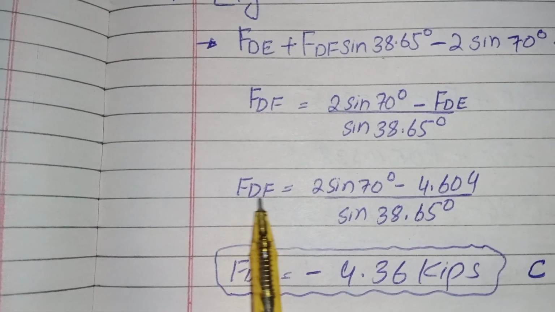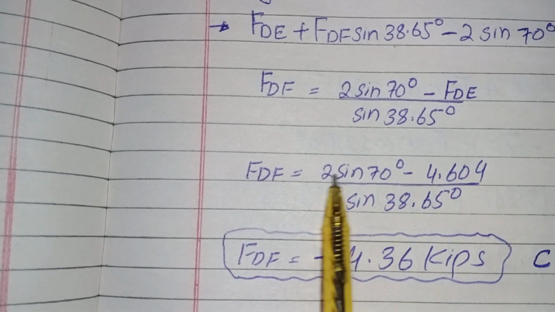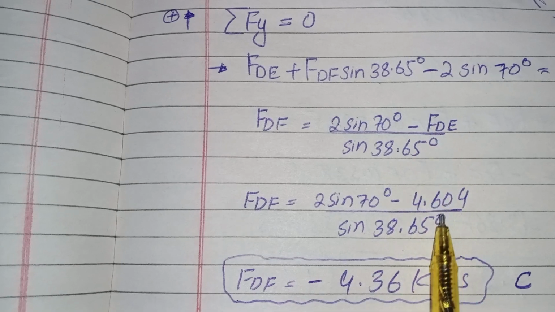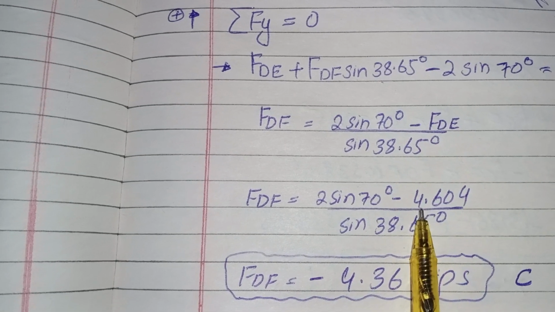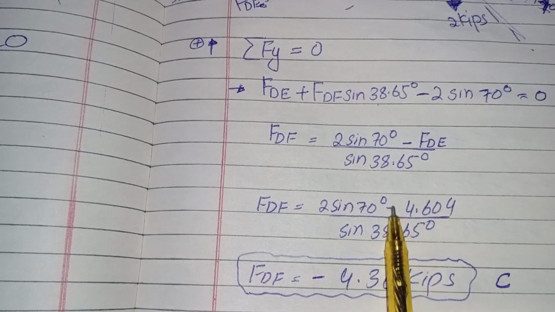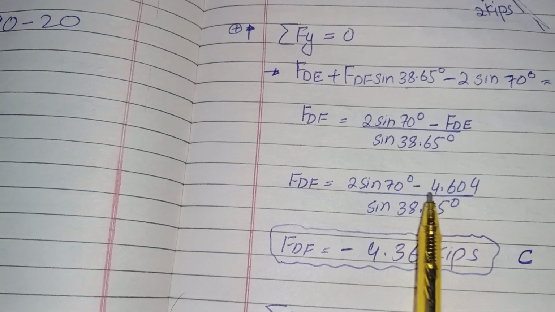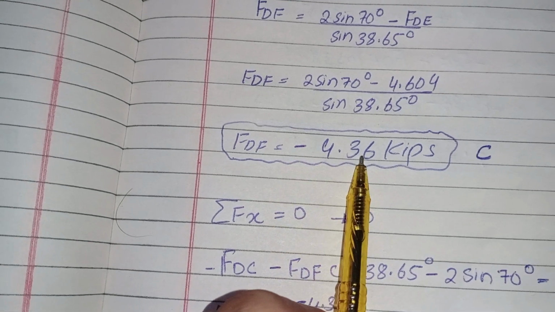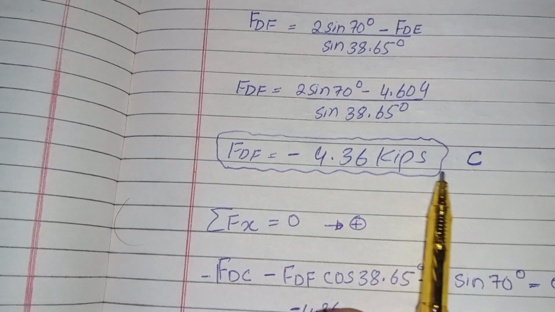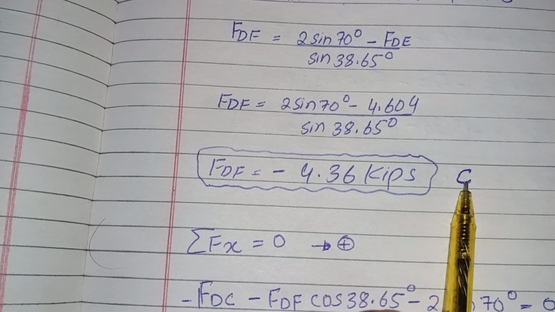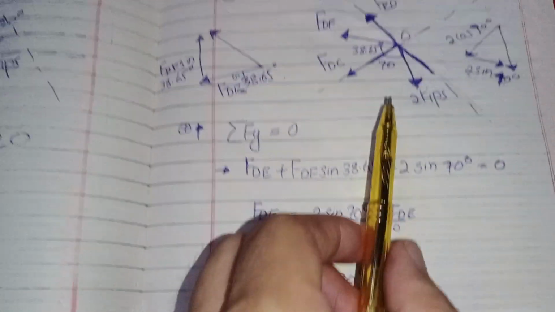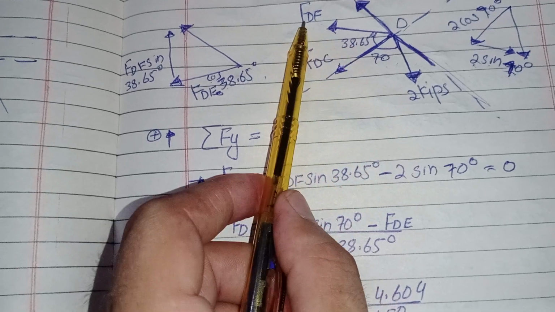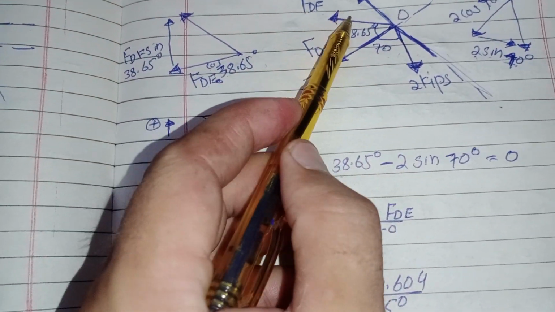So at the place of FDE there is 4.604, which we found earlier. If you calculate this on a calculator, the answer will come 4.36. Negative sign means that my assumption was wrong. It is not in tension, it is in compression. DF is in compression. So this is FDF, it is in compression. Okay.